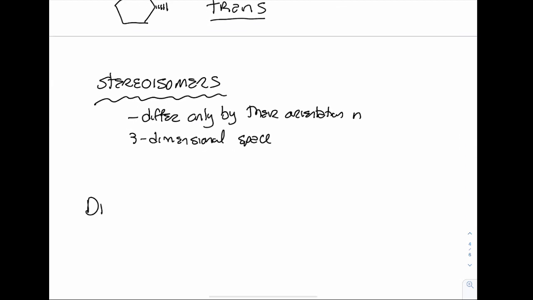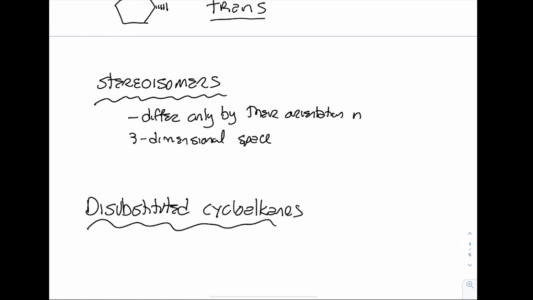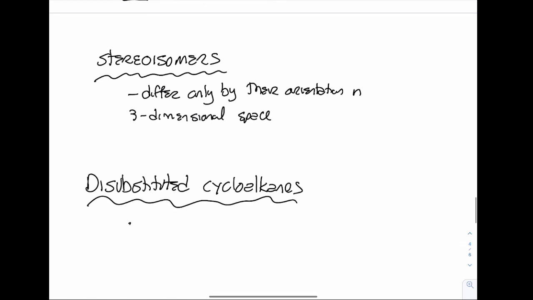So for di-substituted, di meaning two, so di-substituted cycloalkanes, we can have cis trans isomers.